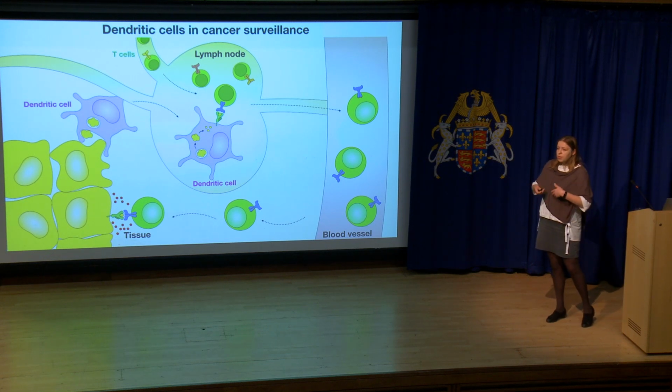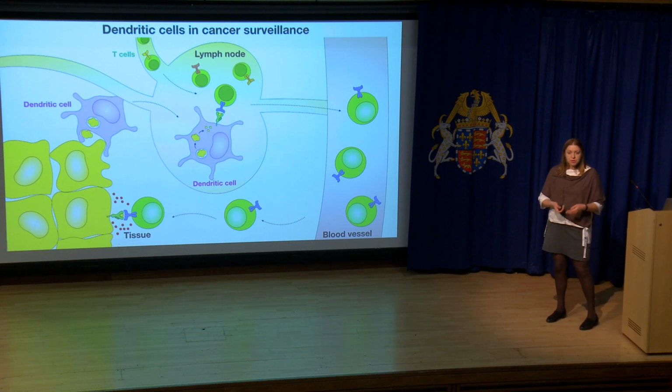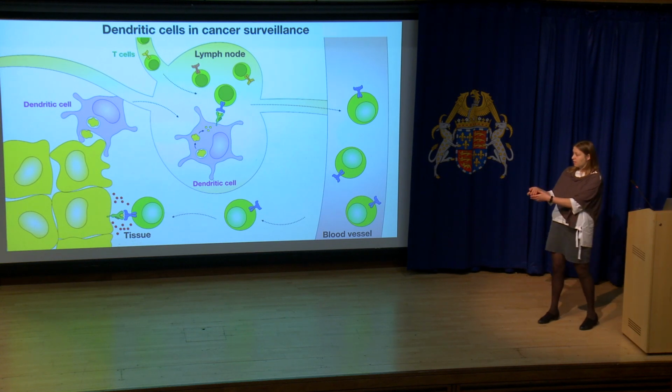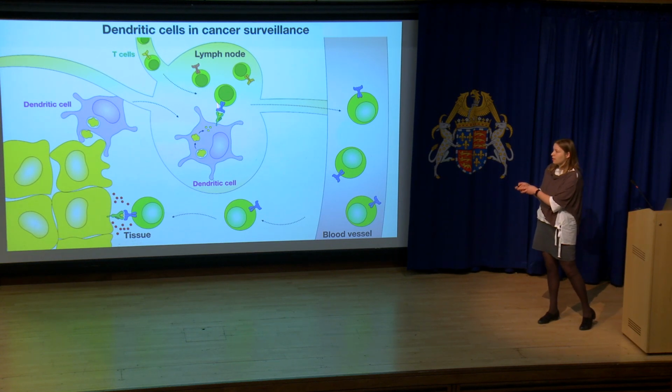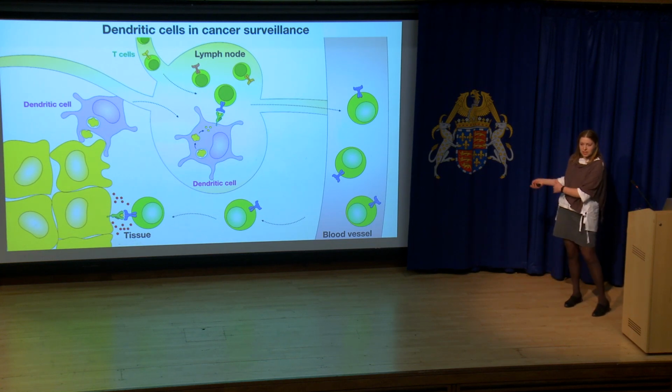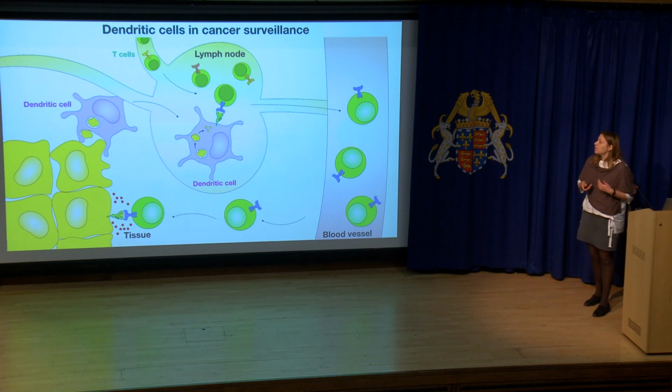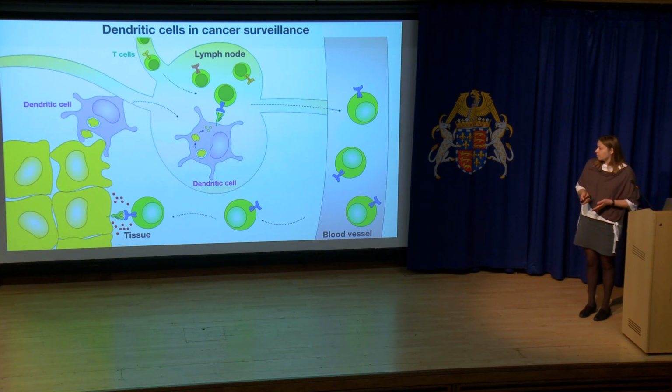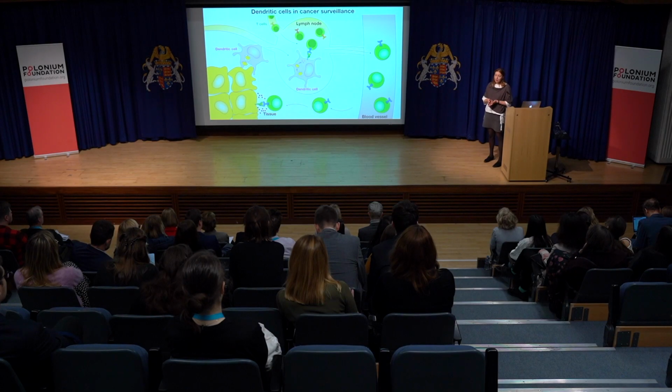They can also secrete cytokines that will change the way in which dendritic cells differentiate, that will, for example, prevent them from migrating into lymph nodes. So our goal is to understand those different steps in molecular detail so that we can design better therapies, both against infections and tumors.